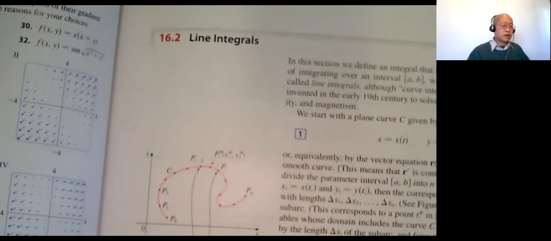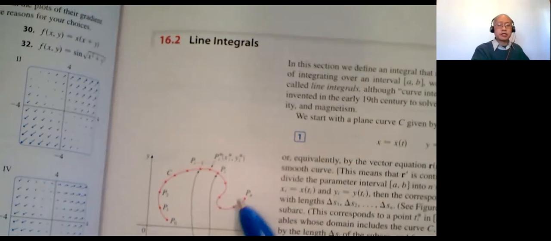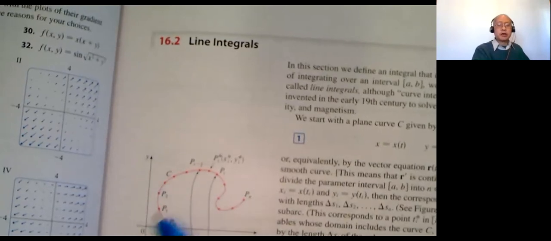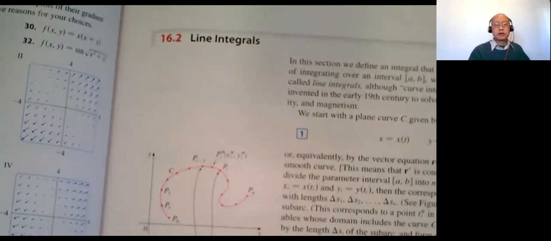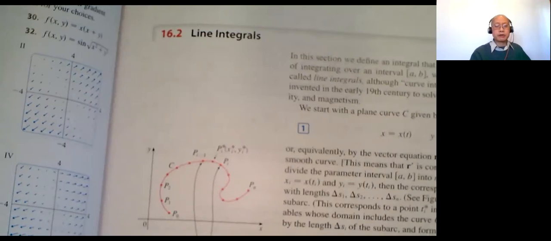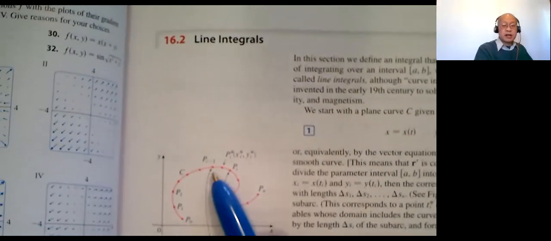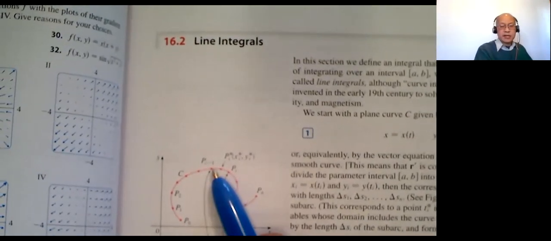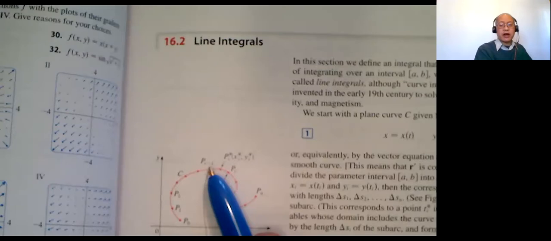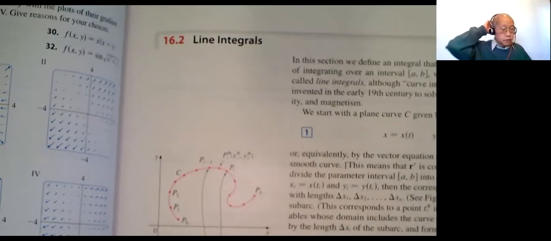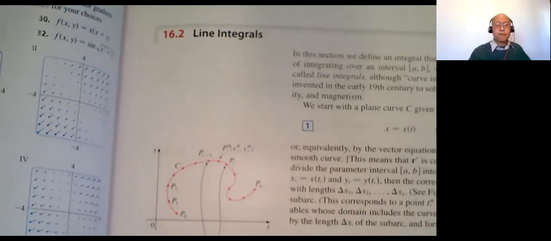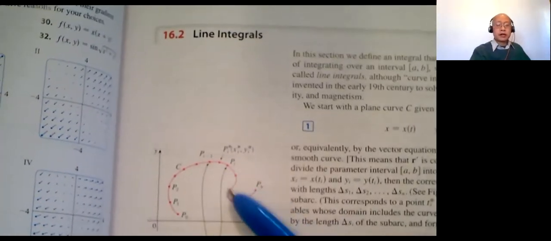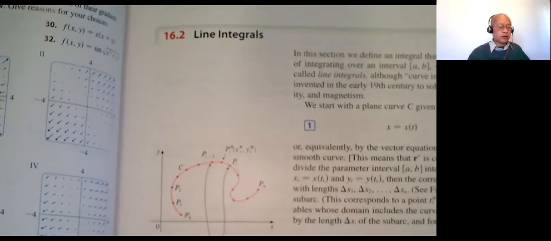You can think of it as a line because, again, if you chop this up into a whole bunch of pieces, each little piece looks like a quote unquote straight line segment. If I just look at the region from here to here, it's almost straight. If I chop it even finer, it's even closer, right? So line integrals really should be thought of as curve integrals.